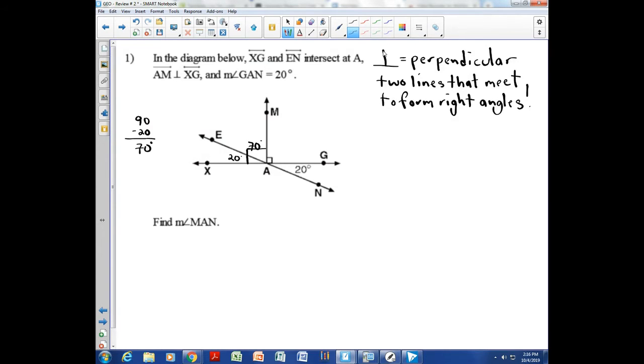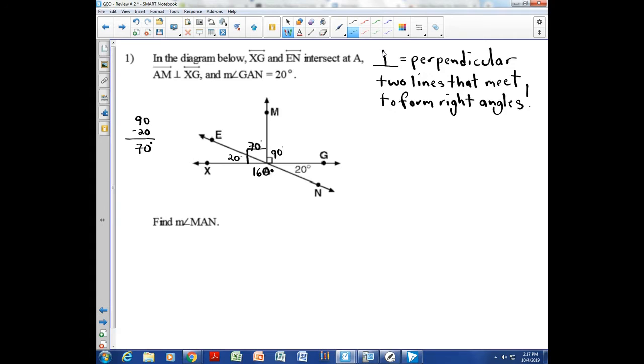And of course, this right angle on the other side is 90 degrees. And underneath line XAG, we have a 20-degree angle, which means that angle XAN is its linear pair, which means it's also supplementary, which means this is going to be 160 degrees.